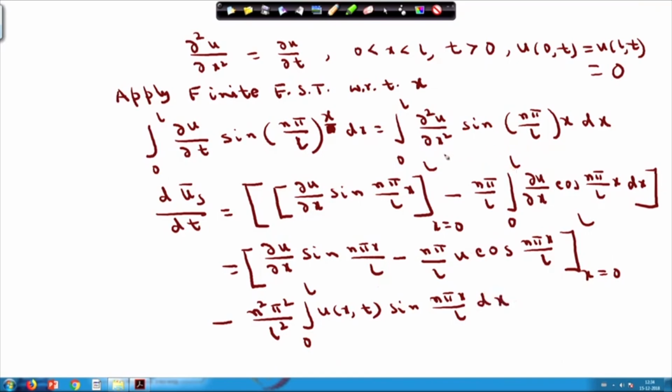First I make integration by parts, and then again I make integration by parts on the second integral. This integral is nothing but the finite Fourier sine transform of your function u(x,t), that is ū_s. Now, if I substitute the limits on this, what I will obtain, I am writing here.